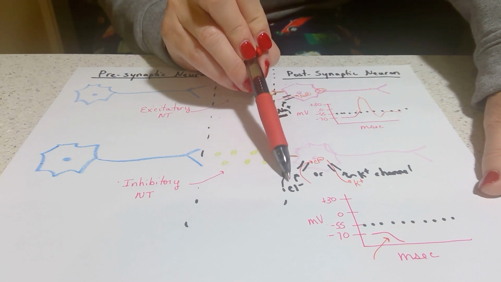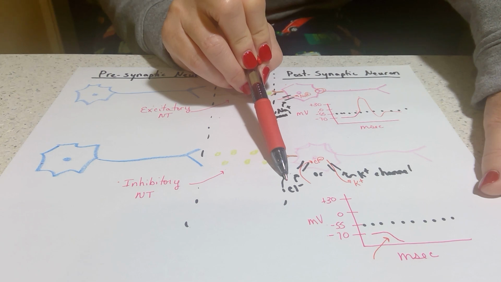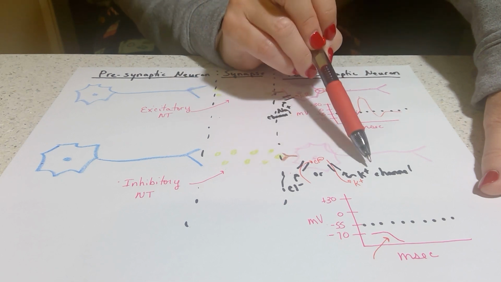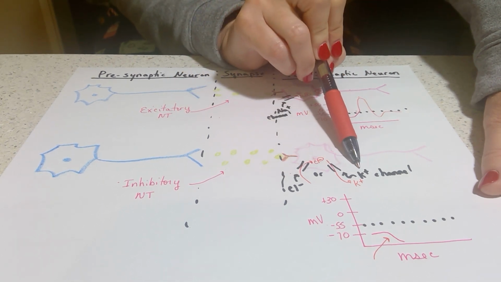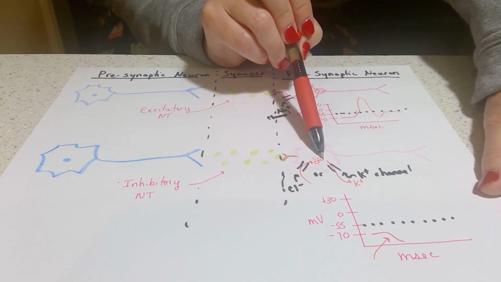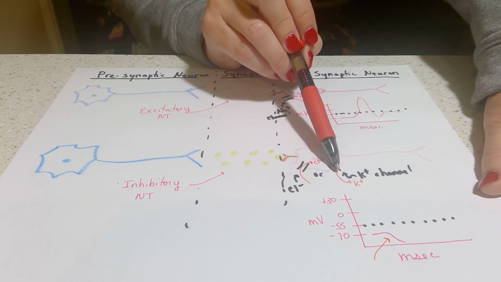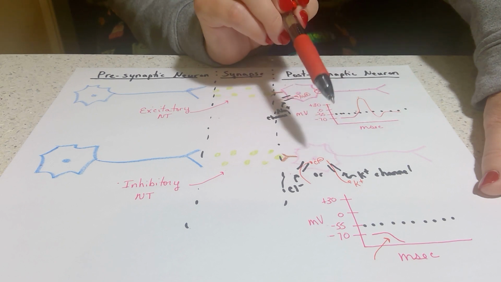So that's one option. One option is for that neurotransmitter to open the chloride ion channel. It could also open a potassium ion channel. So it's actually either or perhaps both. So at any rate, if we open the potassium ion channel, remember that potassium is high inside the cell and low outside the cell. So potassium will move down its concentration gradient, moving from high to low concentration.